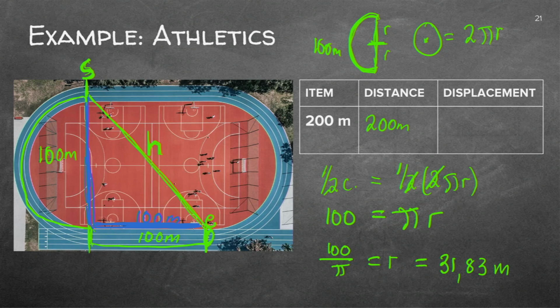Is that the distance? No, it's only the half, because it's the radius. So I've got 31.83 plus 31.83, which gives me a total of 63.66 meters. So let's carry on.